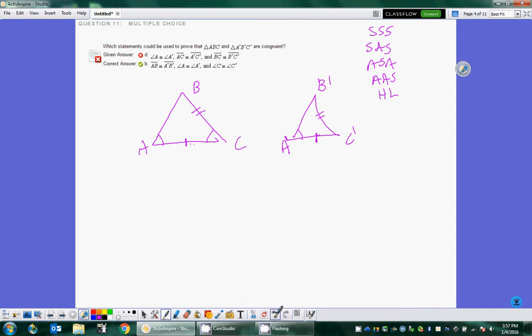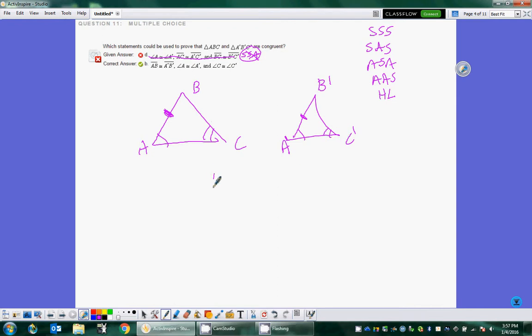This part was another given: MO bisects angle P. So that means I've got 2 angles that are congruent. And when I look at this last choice here, I've got 2 pairs. The side is in between. So I've got angle, side, angle. Okay. So whenever you're bisecting angles, you get congruent angles. If I were bisecting a segment, I would have 2 congruent segments. Okay.